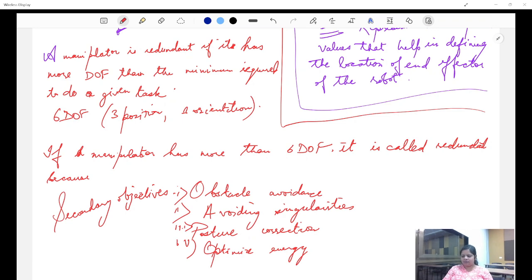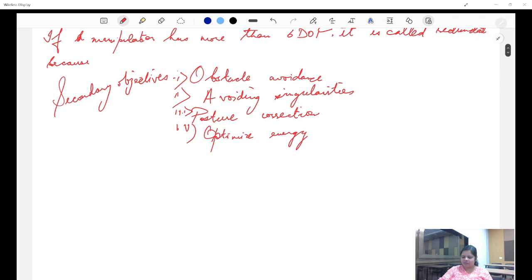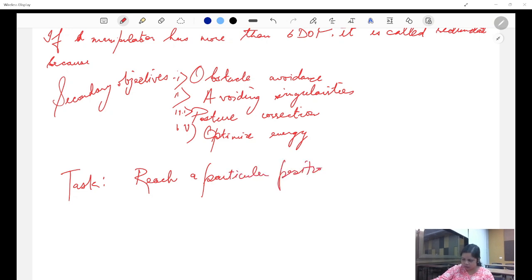But my point is, let's say your task is defined as follows: reach a particular position in 3D environment and avoid singularity.